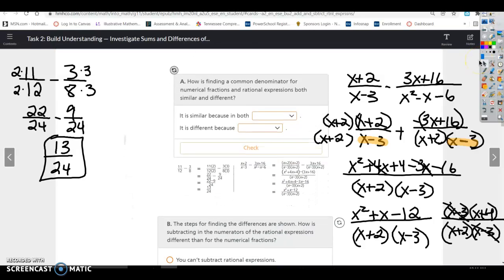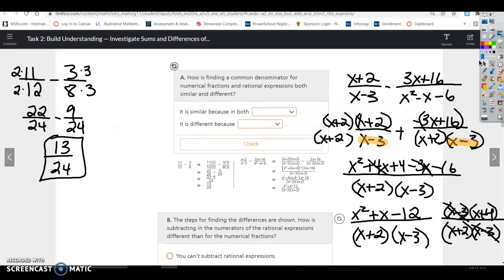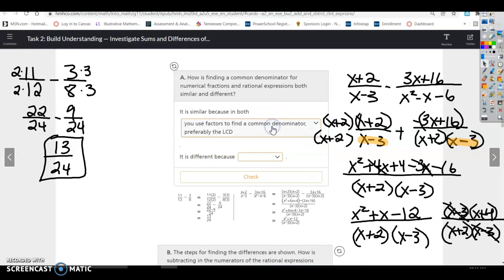Alright, how is finding a common denominator for numerical fractions and rational fractions both similar? So you use the factors to find common denominators, preferably the least common denominator. That would be true, because like remember here I wanted to do the least common denominator.